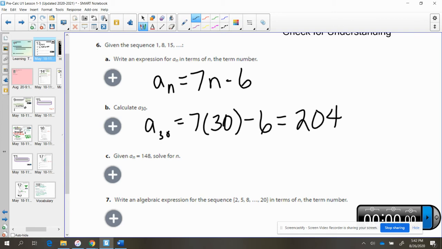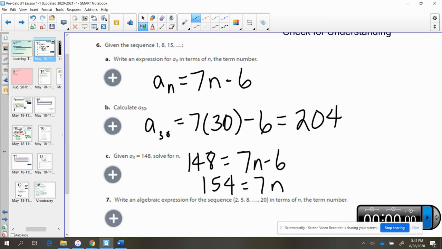Finally, similar to what we did up above, to solve using that algebraic expression, we can set 7n minus 6 equal to 148. We add that 6 over, divide by 7, and we get n equal to 22. So term 22 here is 148.